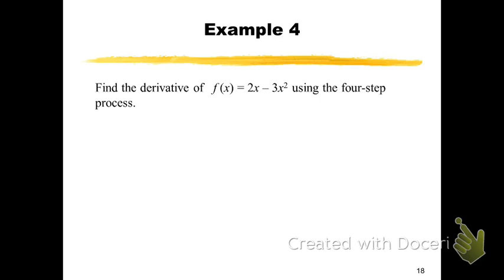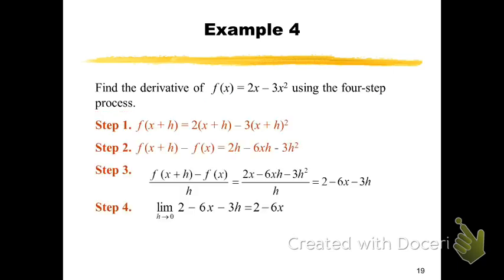So I'm going to pause. I want you to pause, and I want you to find f prime of x, or the derivative of this, by using the 4-step process. Check to see if you get 2 minus 6x. So we're going to go through it quickly. First, we do f of x plus h.